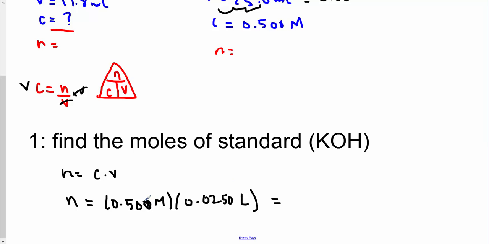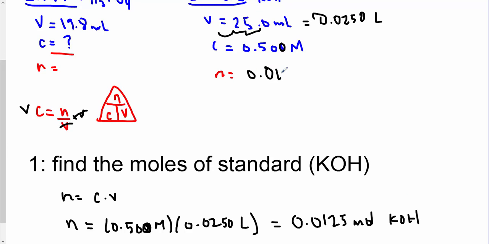Sorry, 0.500, not 0.508. That's just a sloppy zero. Okay, so our answer is going to come out here to be 0.0125 moles of potassium hydroxide. So there's our moles of standard. And so we might want to go back up here and fill that right in for ourselves.